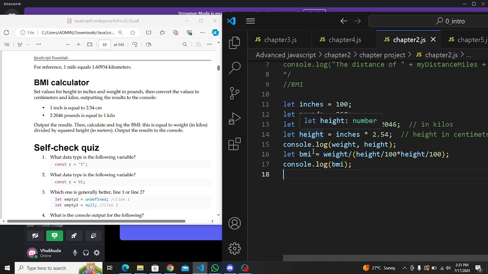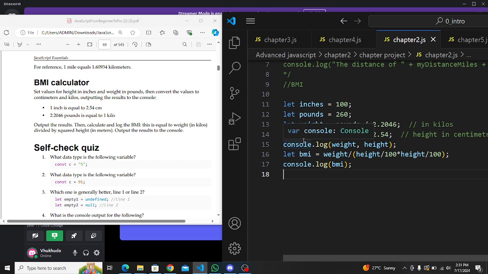So I said let weight, because that's what we want. Let weight equal pounds, which our pound is 60, divided by 2.2046. And then we want the height again. So our height is equal to inches, which our inches here is 100.